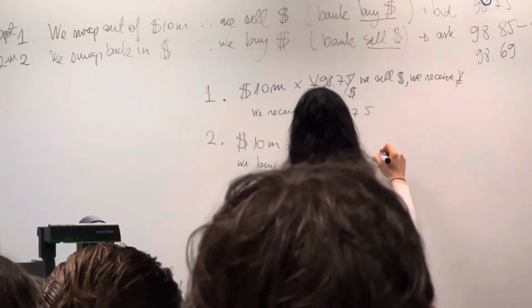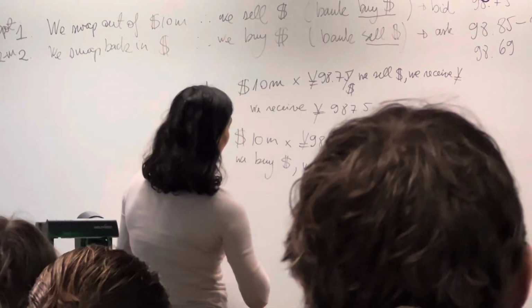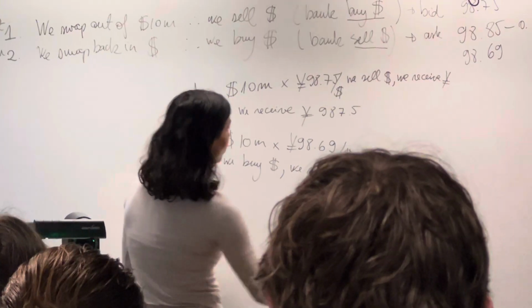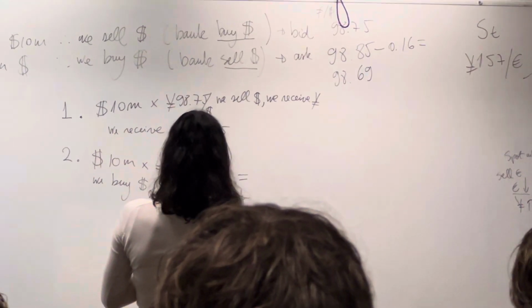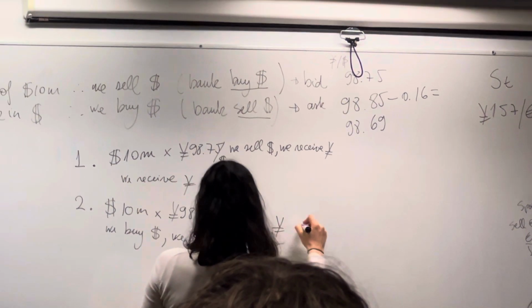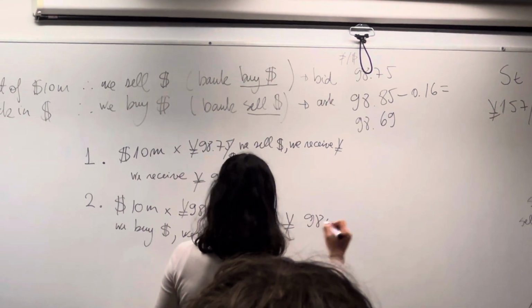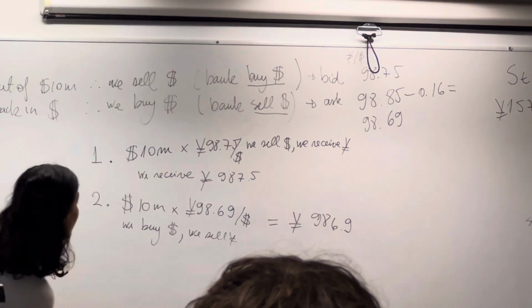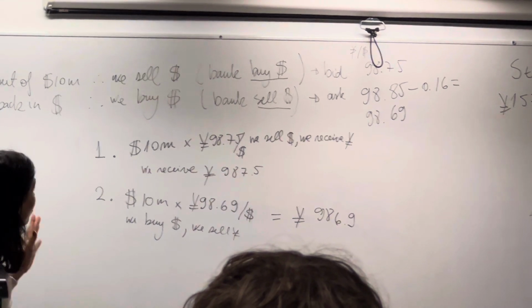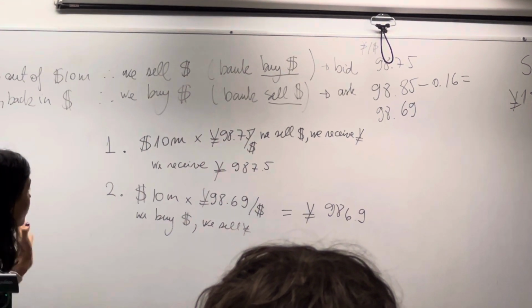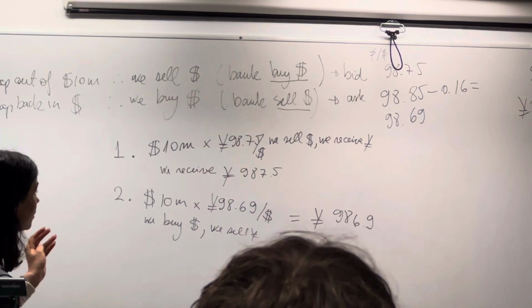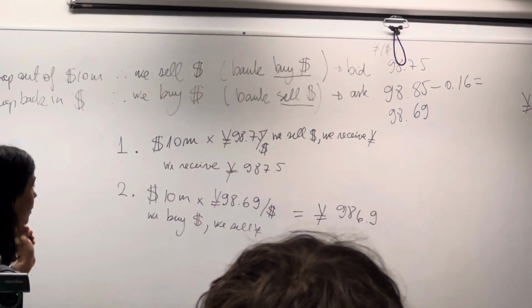So now we get, what do we get here? 986.9. So in the first leg of the transaction, we sold dollars, we gave out dollars, and we received the yen. We received 987.